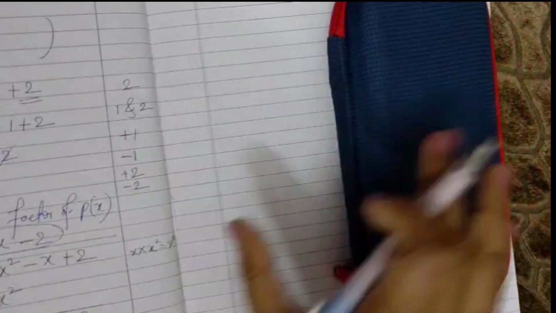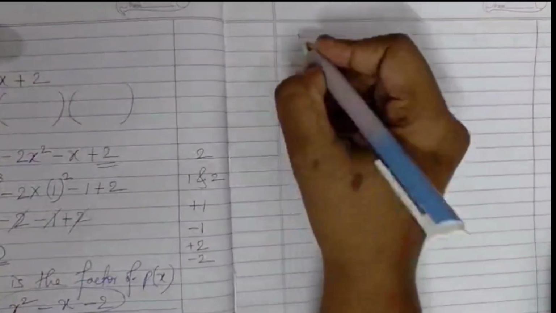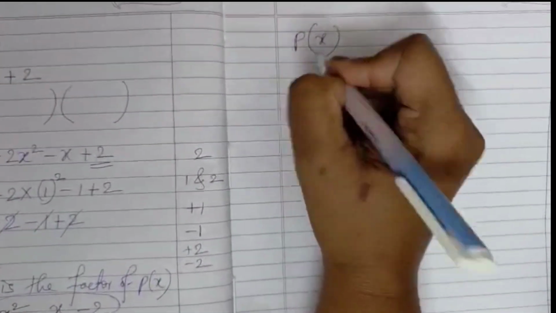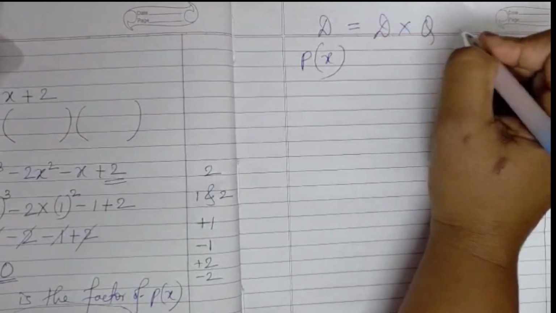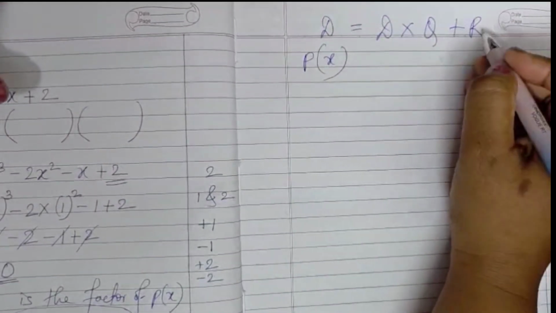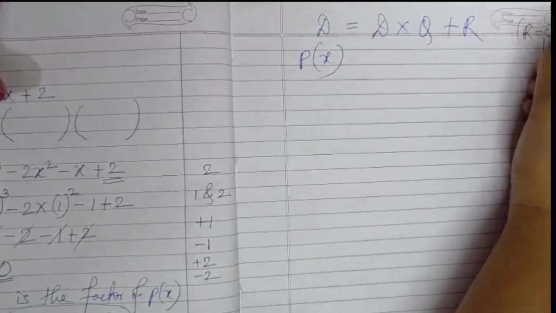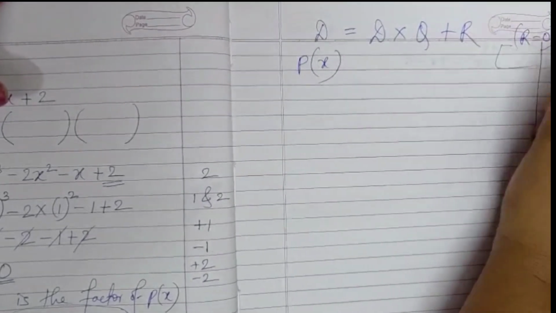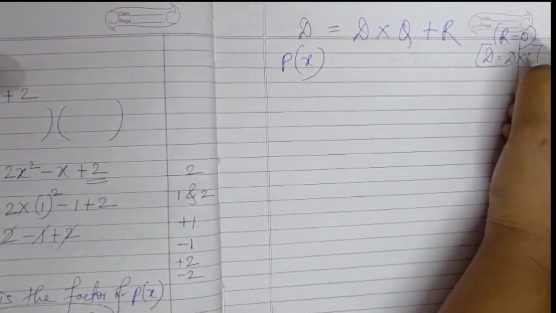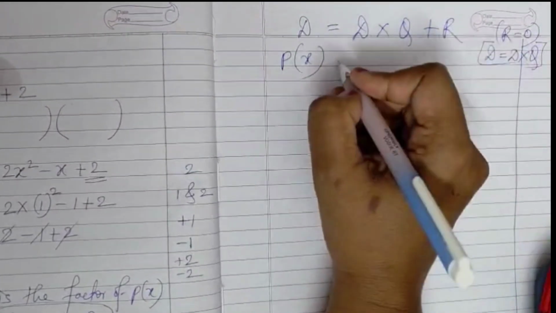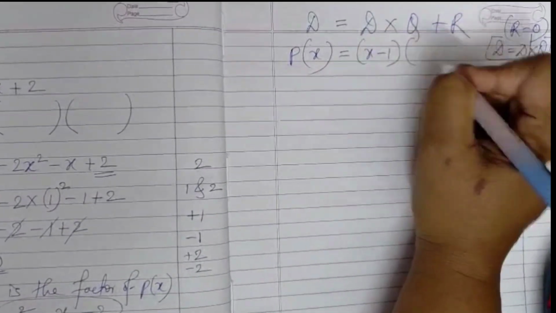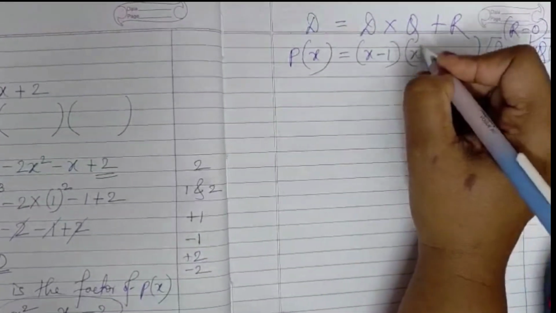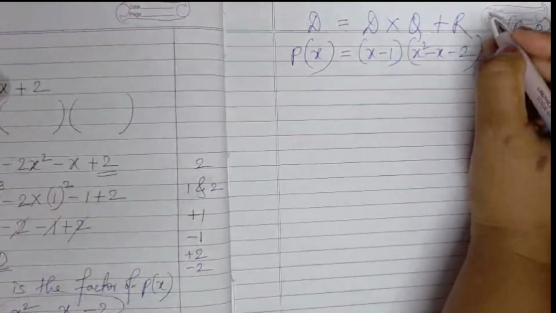So now our last step for this one is, as you know, that the dividend is equal to divisor into quotient plus remainder. Your remainder is 0 here, right? You got the remainder 0. So now here your dividend is equal to divisor into quotient. So now for the polynomial p of x, your divisor is x minus 1 and you got the quotient x square minus x minus 2.